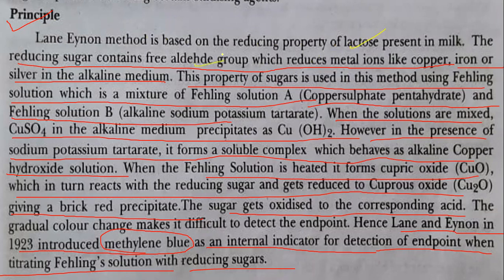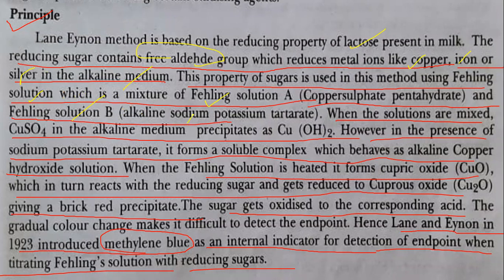A reducing sugar contains free aldehyde groups, and that can reduce metals like copper, iron, silver under alkaline medium. This property is used in Fehling's solution, which is a mixture of Fehling's solution A, that is copper sulfate pentahydrate, and Fehling's solution B, alkaline sodium potassium tartrate.